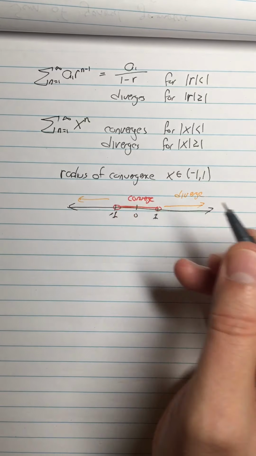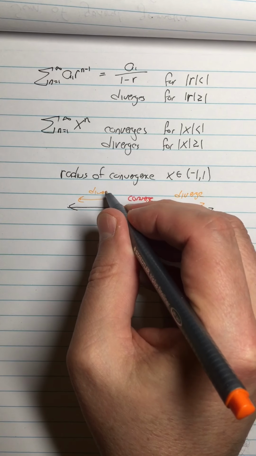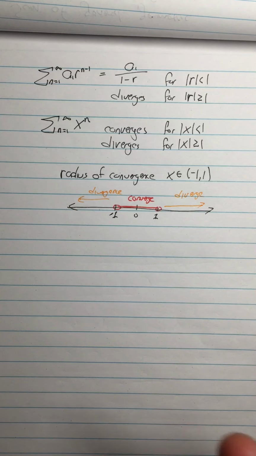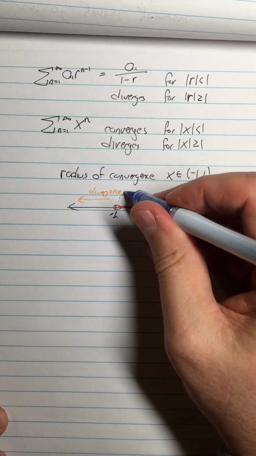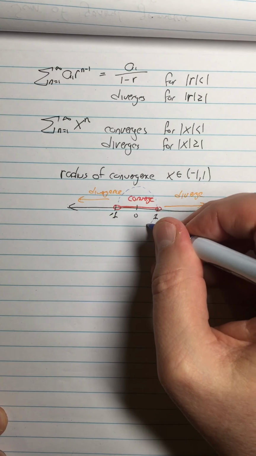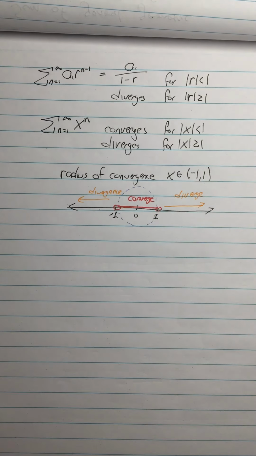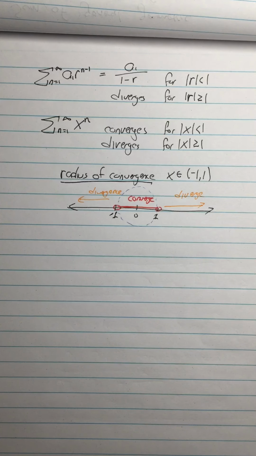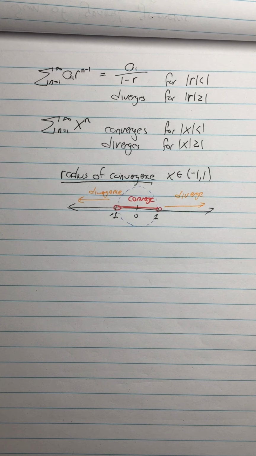We call it a radius because if you think of a circle of radius 1, all the x values in the circle converge. It's like a one-dimensional circle. Radius of convergence. Keep your eye on that term because it's going to come up again later. So what? That's not a big deal yet.